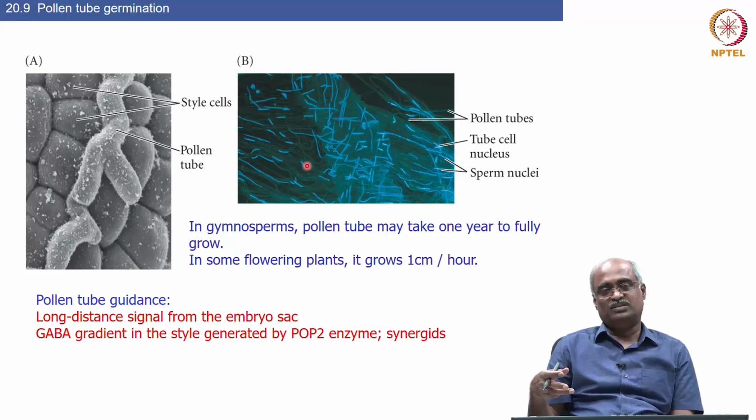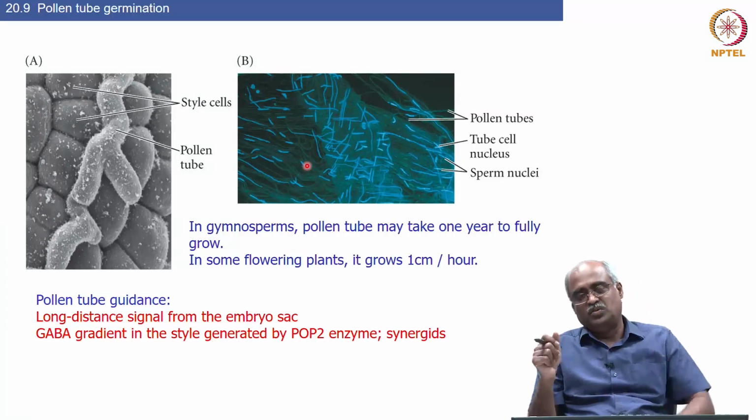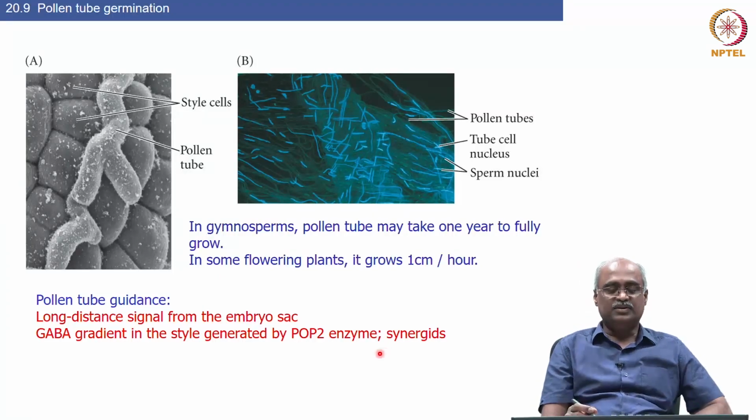And during this process, the generative cell would have undergone mitosis and generated two haploid nuclei. It starts with haploid, so not surprising, you will have two nuclei there, and it will become clearer a little later why there are 2 nuclei here, how they are going to fertilize, 2 sperm nuclei. Okay.